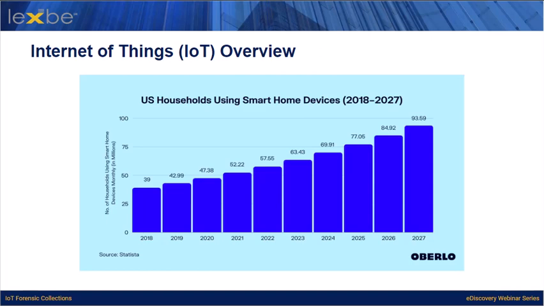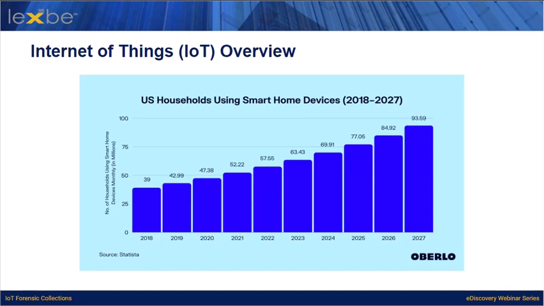That many households will have some type of smart device or Internet of Things device, and it's amazing. We're going to eventually get to the point where no homes won't have one of these devices, whether it's a smart speaker, a health tracker, a camera, anything. There will be something in every home eventually.